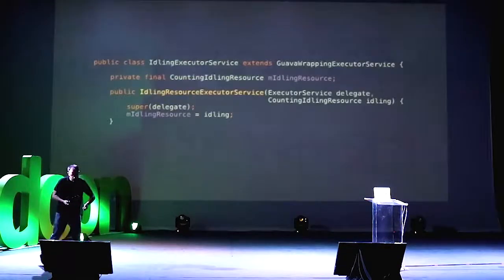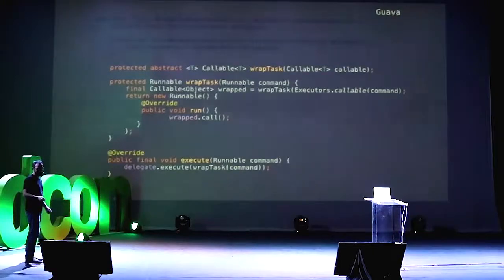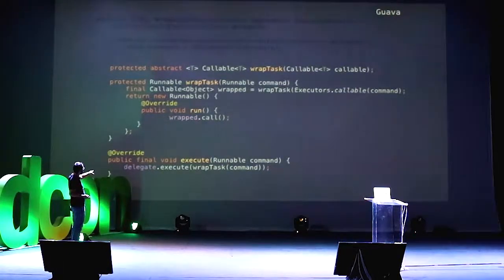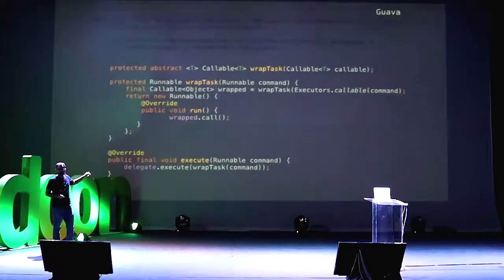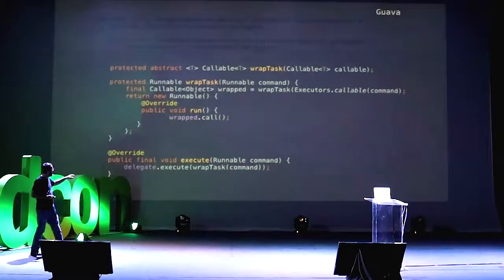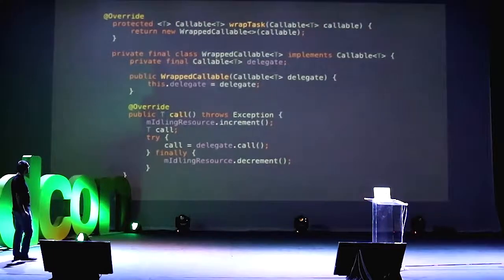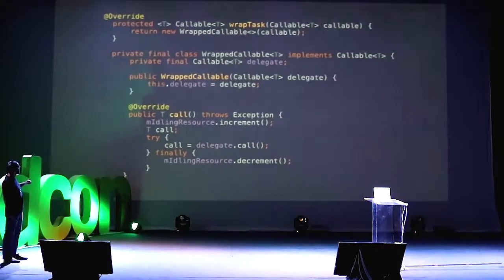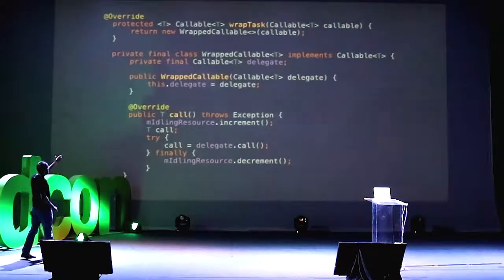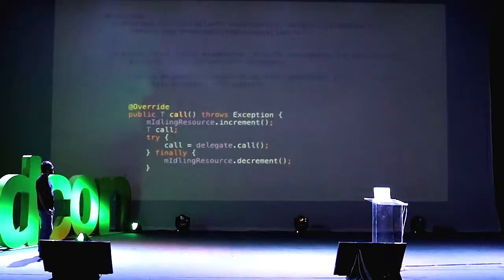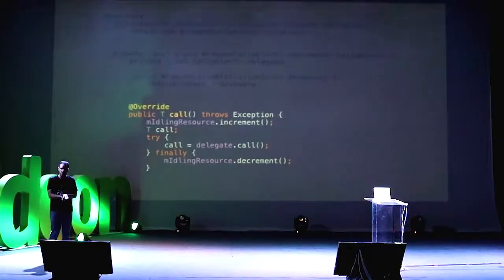So if we see again how the other class is working, when we want to execute the runnable, we are calling the delegate executor service that we sent before and wrapping a task. Wrap task is an abstract method, and we are implementing it in our idle resource. That means that for the abstract method wrap task, we are calling our implementation here, that's simple wrap callable, and we can wrap the call of the runnable.